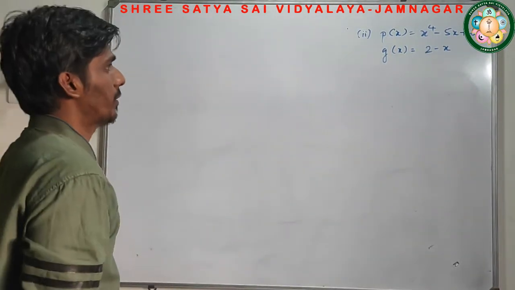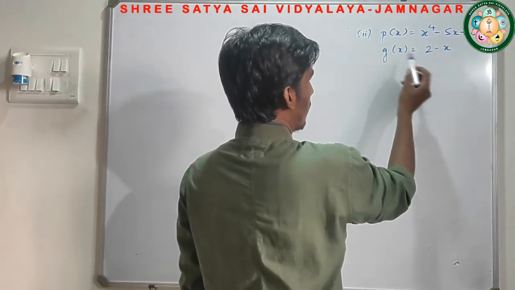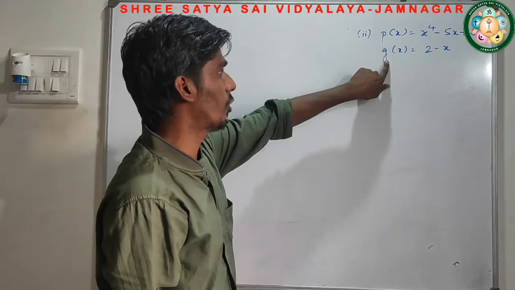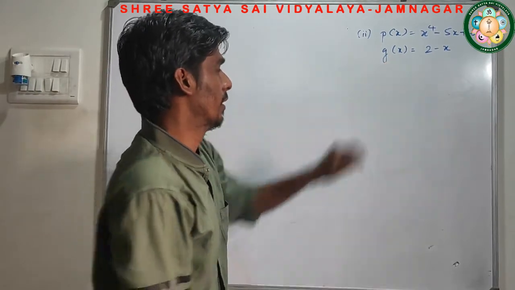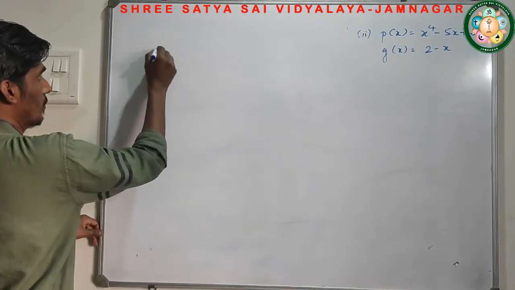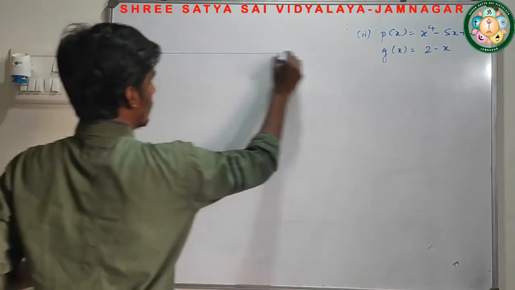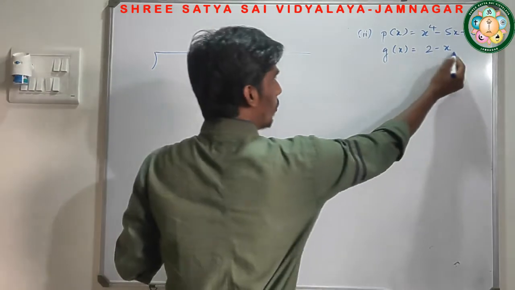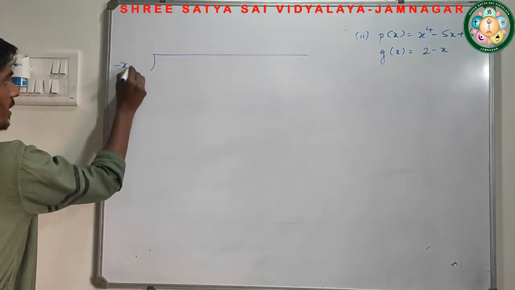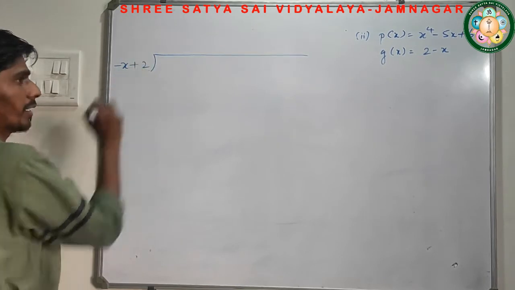Let's go through one more example. Now this is p of x, this is g of x. p of x means dividend, g of x means divisor. Now if you look at this number, here divisor is 2 minus x. So definitely variable first. So here minus x and plus 2.